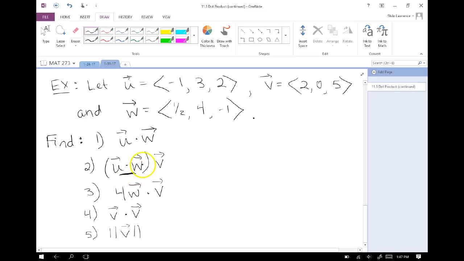So on the second step, it's going to end up saying a scalar times vector v. And when we do a scalar multiple, we just distribute the scalar into each of the components. So in number 2, we're going to end up with a scalar multiple of vector v, and u dot w would tell us what scalar to multiply through by. So 2 ends up as a vector. All the other ones are going to end up as scalars.